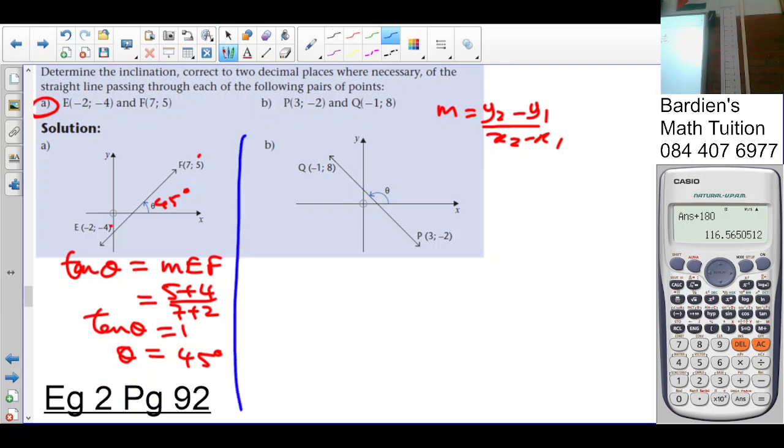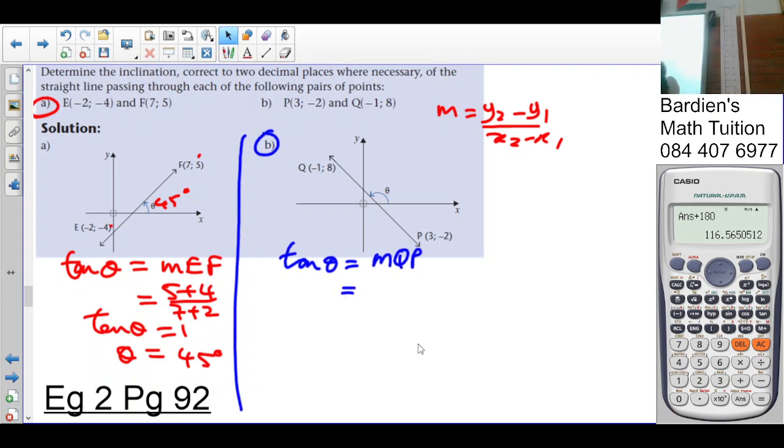You guys saw the number 2 already? Yes? So tan of theta is equal to the gradient of QP. So work out the gradient of QP quickly, for those of you who didn't stop yet.